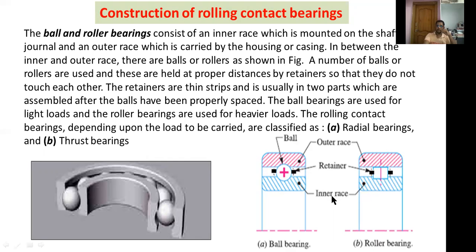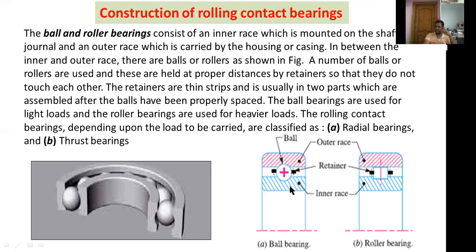A number of balls or rollers are used, and these are held at proper distances by using retainers, so that they don't touch each other. The retainers are thin strips, usually in two parts, which are assembled after the balls have been properly spaced.